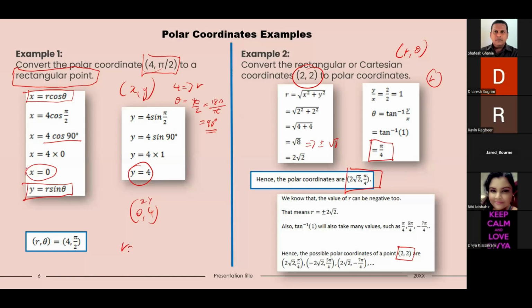Like I just said, for any equation r is equal to f of theta, the graph of this equation, for any points that satisfy r and theta, is what we call the polar graph. We're going to discuss two of these graphs and take you through that.